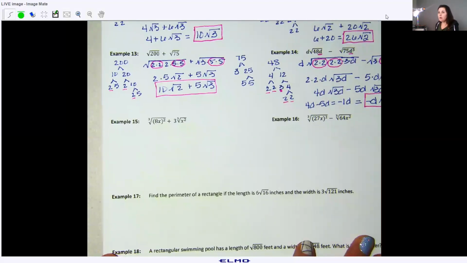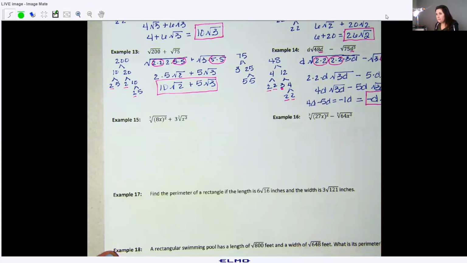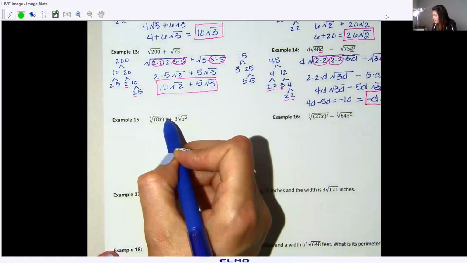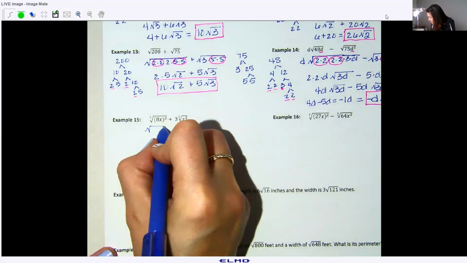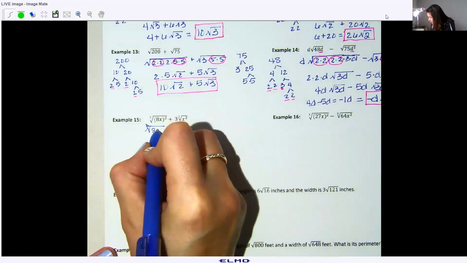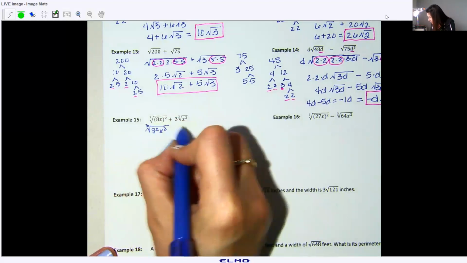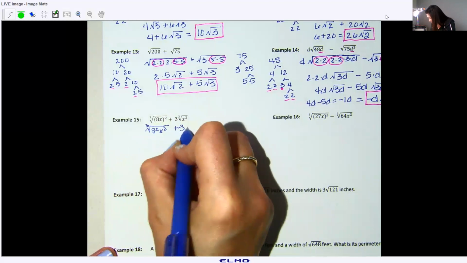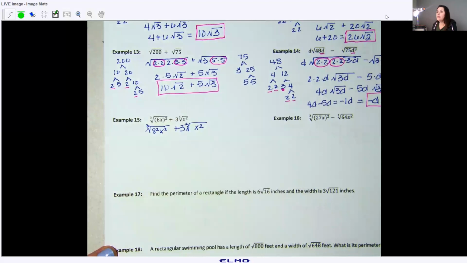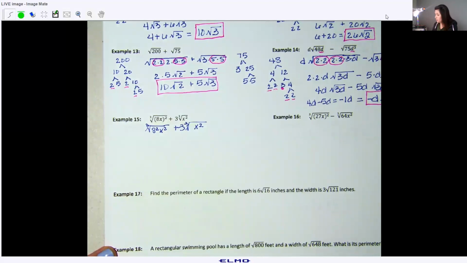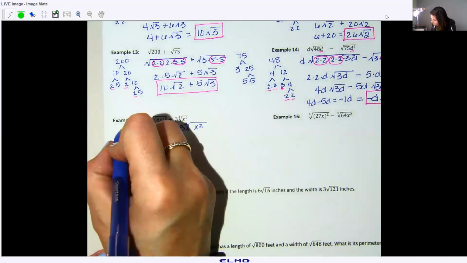Okay, moving on to example 15. Okay, this one has parentheses with squared on the inside, so I am going to rewrite this one. 8 squared x squared, okay? All right. Now I'm going to factor out my 8.